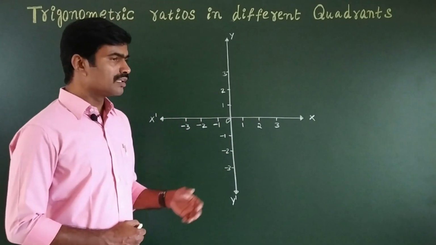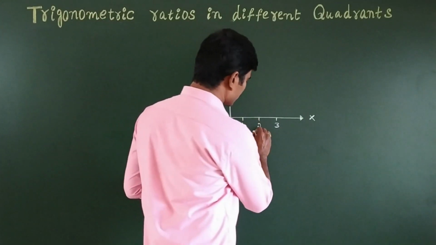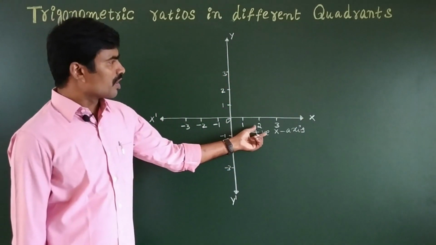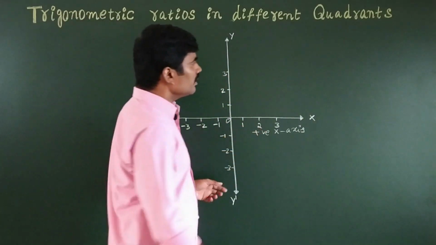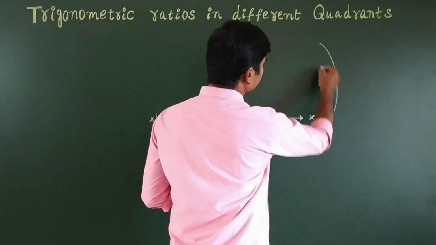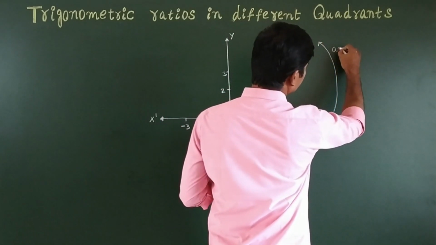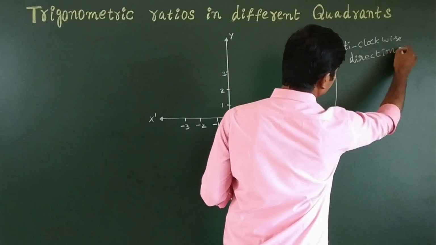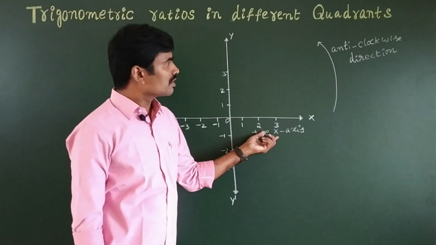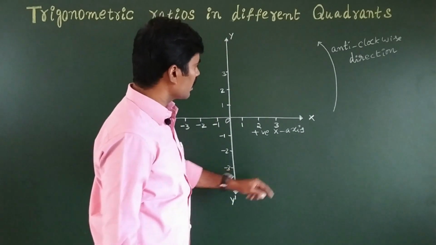Starting with the positive x-axis, in the anti-clockwise direction, we take the quadrants in order.